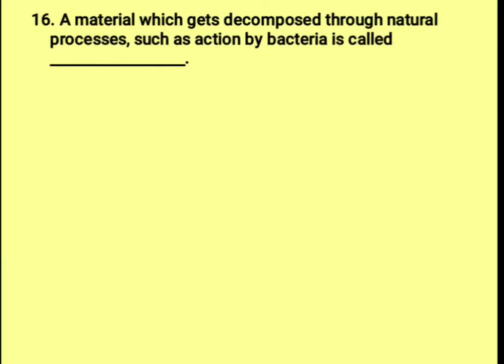The next question is, a material which gets decomposed through natural processes such as action by bacteria is called dash. We all know that there are two types of materials. One type is decomposed by microorganisms, especially organic materials like plant and animal matter.